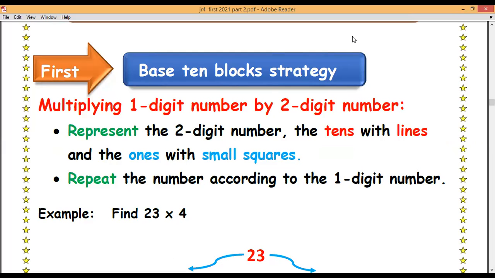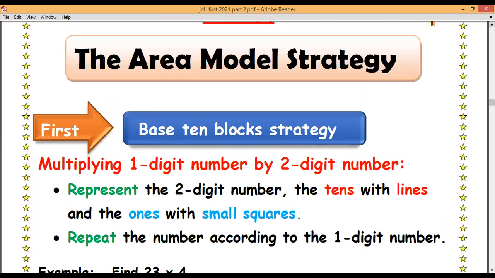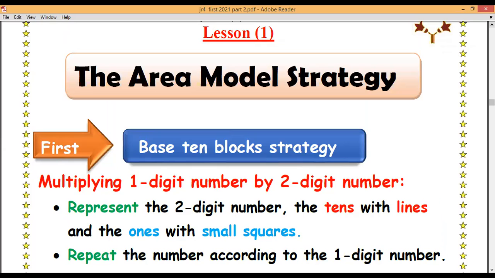So Junior 4, today we're gonna start chapter 7 and lesson 1. Our lesson today is about the area model strategy. We're gonna continue how to make multiplication in many ways, okay?